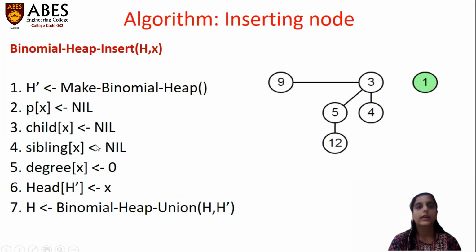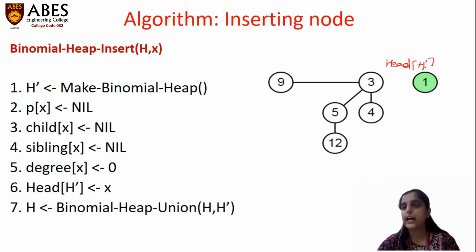As you can see here, if we want to insert x in the existing binomial heap h, what we have done, we have created one more heap, head h dash, and that h dash is pointing towards the node x. And we know that when we have set head h dash pointing towards this one, then there is no parent of this x.